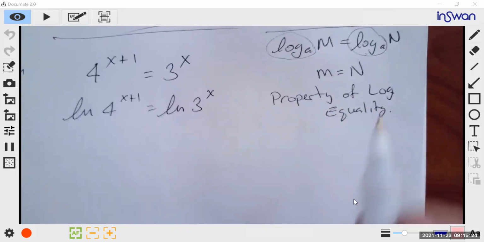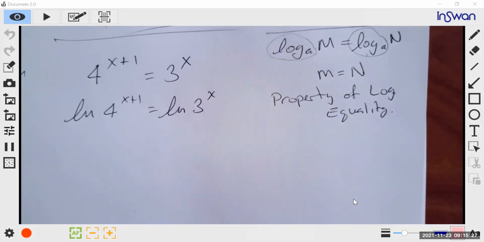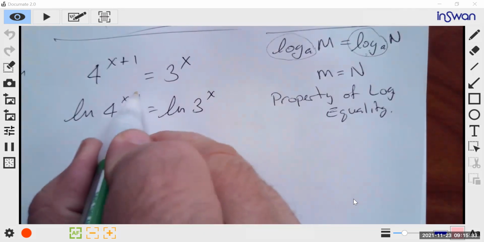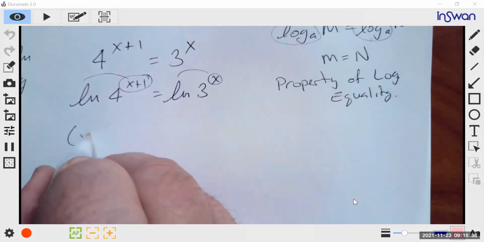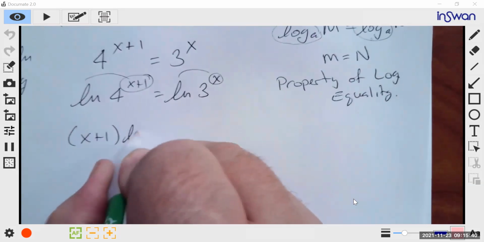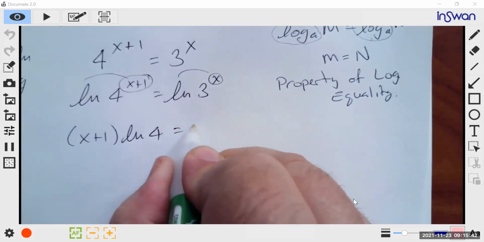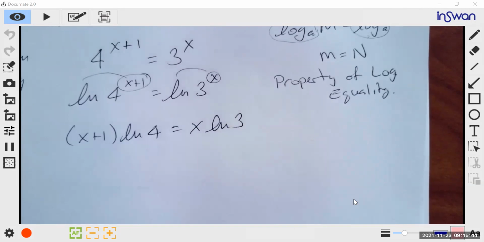Remember, it's the property of logarithmic equalities. So the exponent goes down. So we have x plus 1 times ln 4 equals x ln 3.